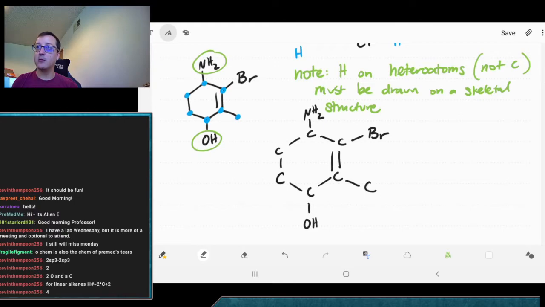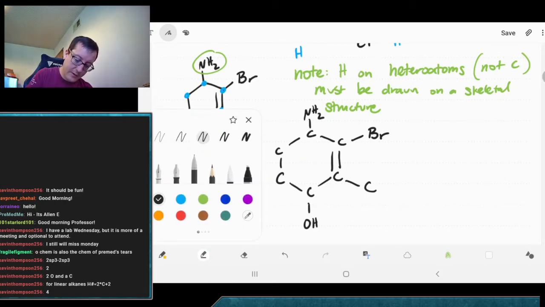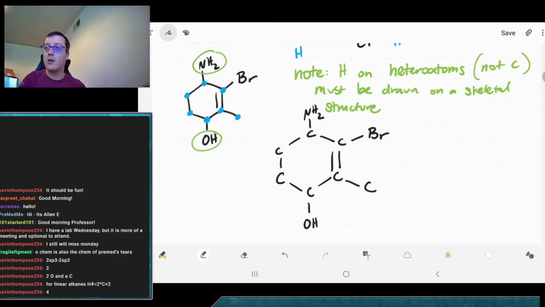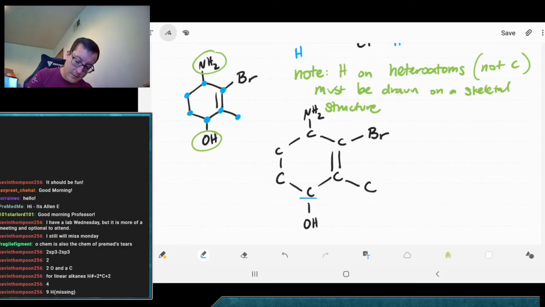And so now we're going to want to throw in our hydrogens, our hidden atoms, to make sure that all of our carbons have 4 bonds. So if we start at the bottom carbon there, we see that it has 1 bond to the carbon on the left, 1 bond to the carbon on the right, 1 bond down. So we're going to need 1 more hydrogen there.